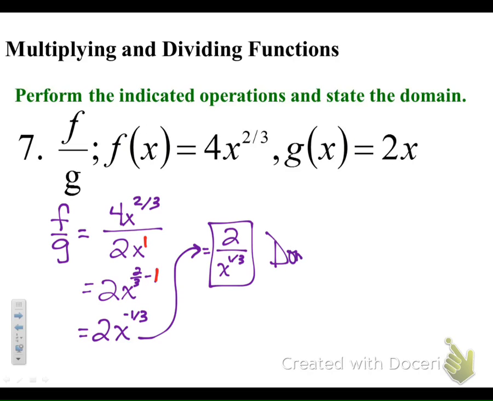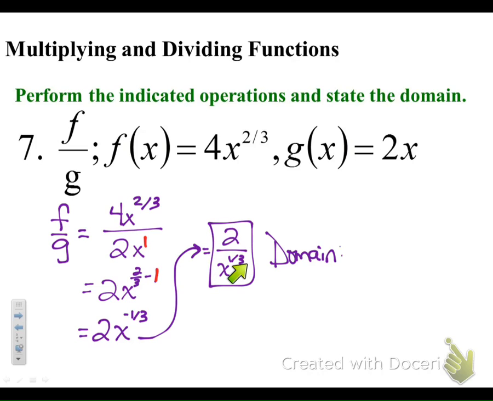In domain, not only do I have a root I've got to worry about, but I also have a denominator. First off, one of the first questions I ask myself: do I have an even indexed root? If you change this into radical form, I would have the cubed root. Well, that's not an even root.